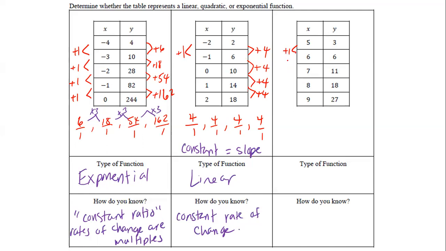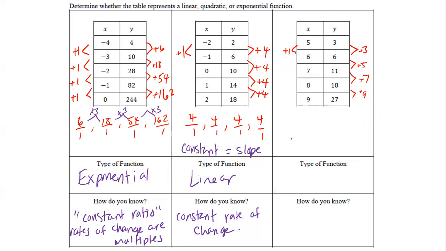So here we go. Again, it's plus 1 all the way down. But notice here, when we take the difference, what's happening? We get 3, then 5, then 7, and then 9.